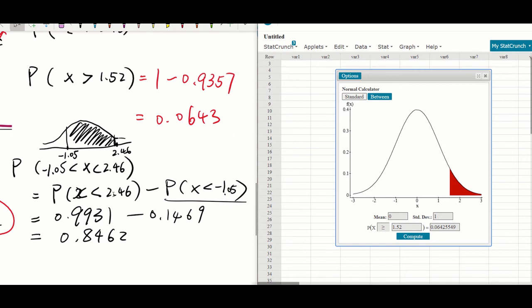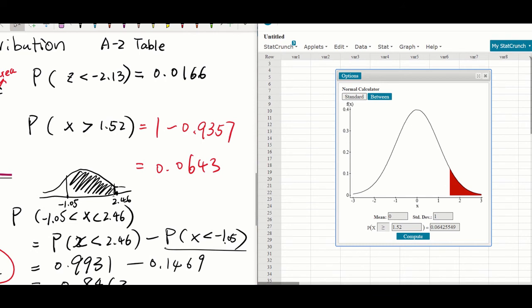Now let's look at the first problem, this one. P of z-score less than negative 2.13. Let's use Statcrunch to find that value. Similarly, mean is 0, standard deviation is 1.